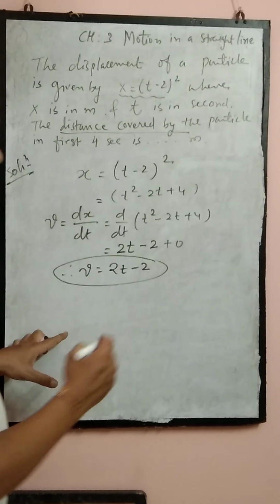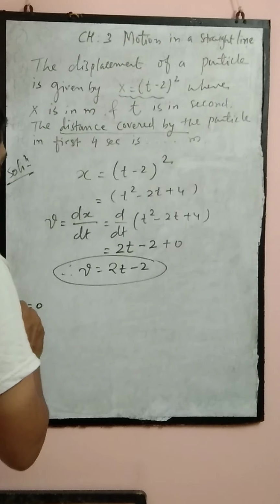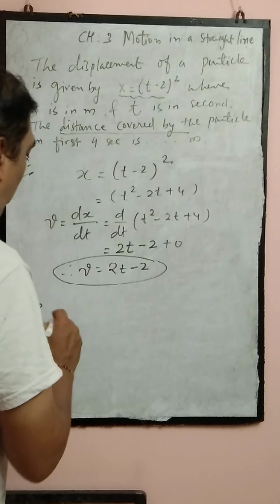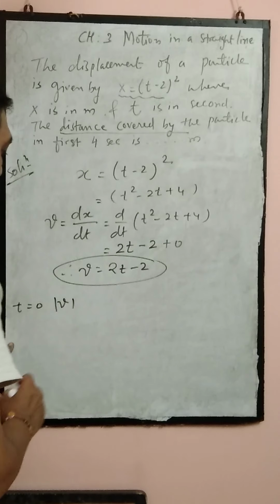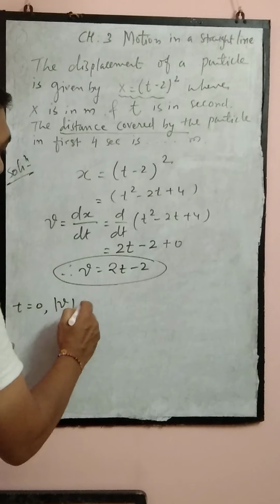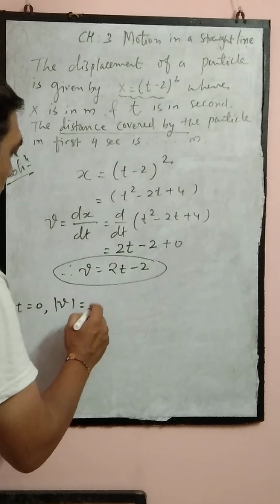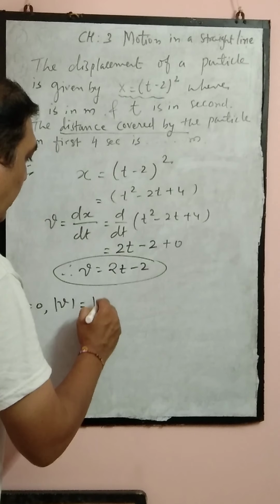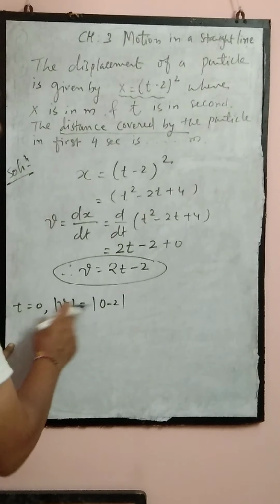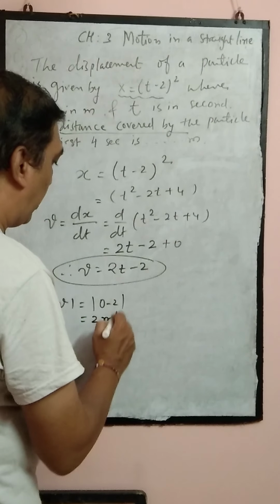So first of all, let us find out the speed with time. Let us say t equal to 0. When you substitute t equal to 0, the magnitude of velocity, that is speed, v is equal to 2 into 0 minus 2. That means it will be 0 minus 2, but in modulus, so we will get 2 meter per second.